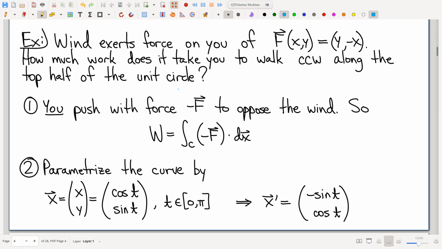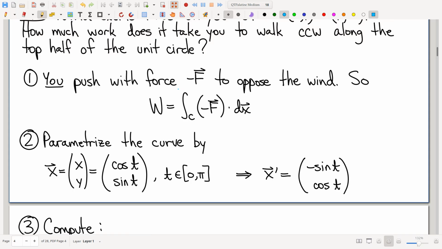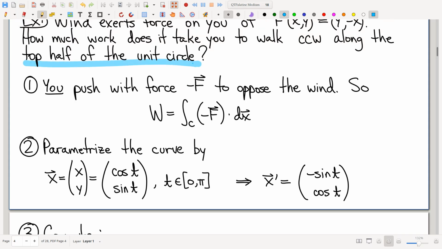And by the way, this would be a good time to go back into chapter 1 and remind yourself of all those various little tips and tricks. Remember, I gave you a toolbox full of tools for how to parameterize stuff. There's the graph parameterization, and there are various other cool little tricks that work here and there. So in this case, conveniently, we're going along the top half of the unit circle, which is easy to parameterize. All right.